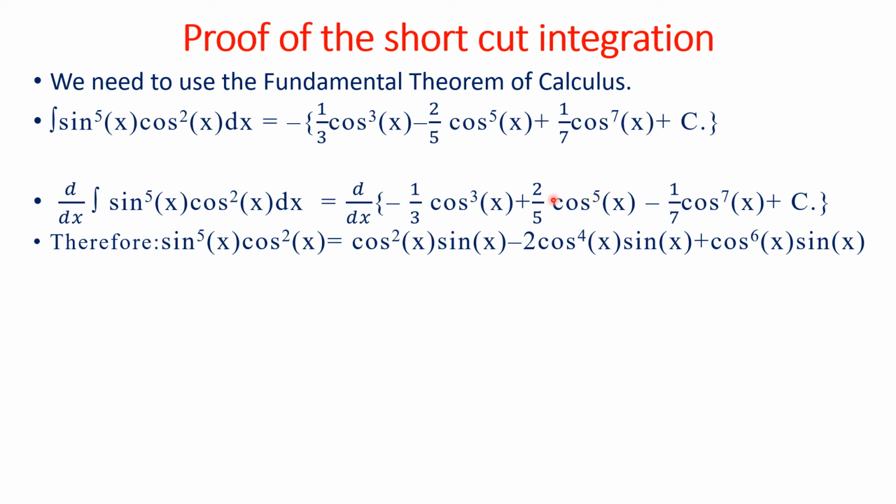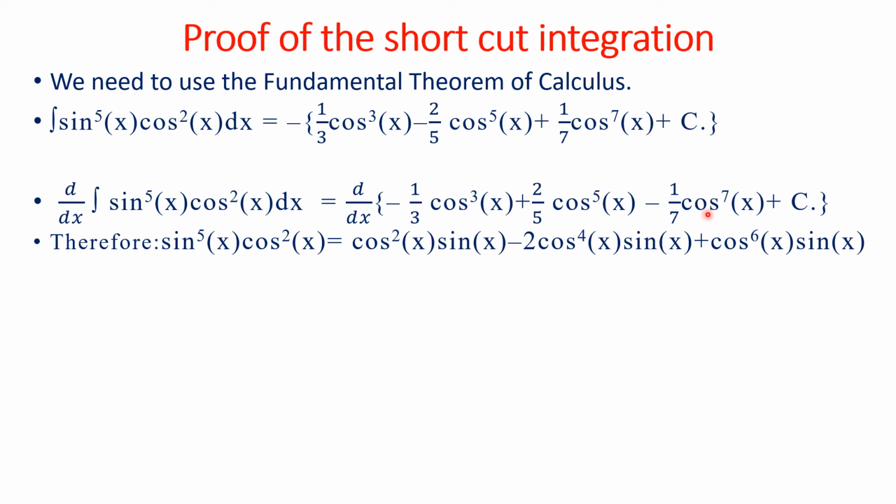But 5 goes with the 5 in the denominator, and we'll have just 2 and then cosine to the power 4. We have a positive sign here, but then we have to do the derivative of the inside, which is the derivative of cosine x. That's going to give us minus sine x. That's why the minus will change this plus into a minus. And then this is the derivative of the inside, sine x.